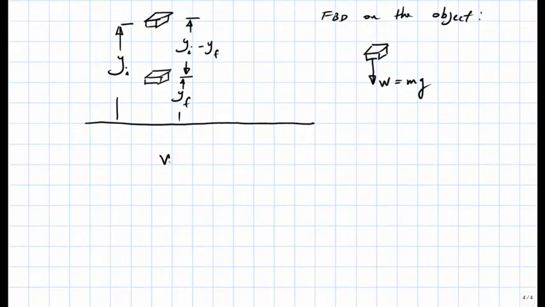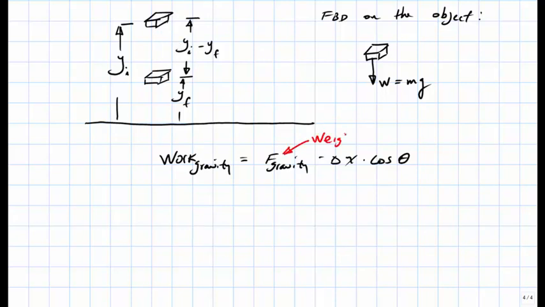And so the work done by gravity, of course, would equal the force of gravity times the displacement times the cosine of the angle between the force and the displacement. As we noted many times before, the force of gravity is just the weight.